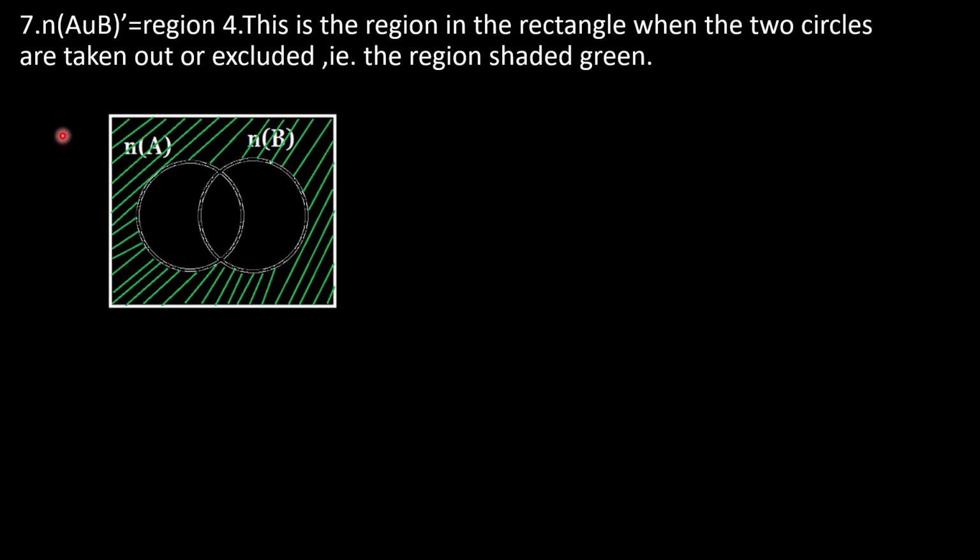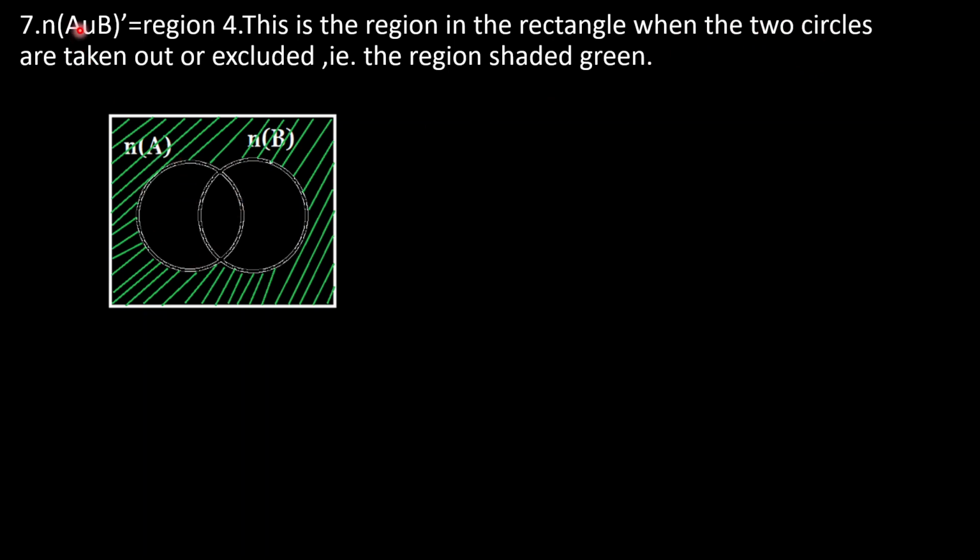So let's look at the next trick. Number of A union B complement equals region 4. So region 4 is the region shaded green, or the region in the rectangle when you exclude the two circles.